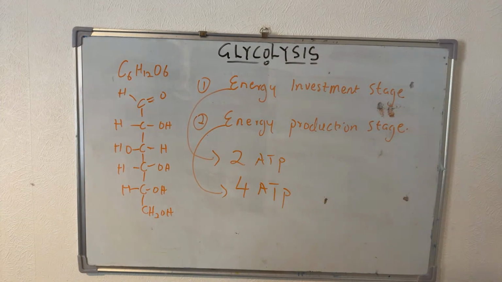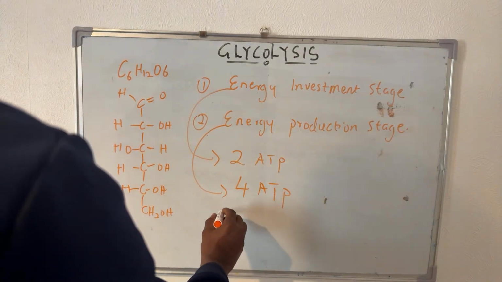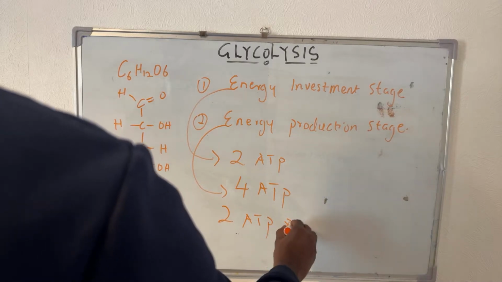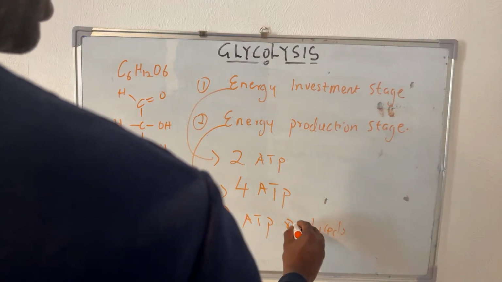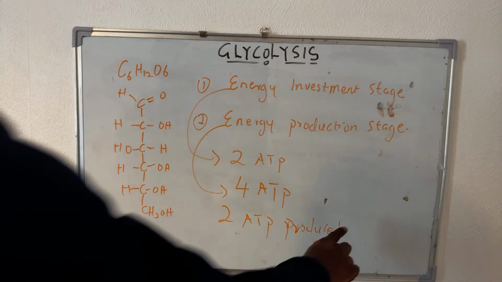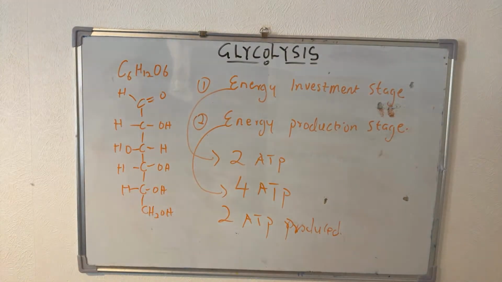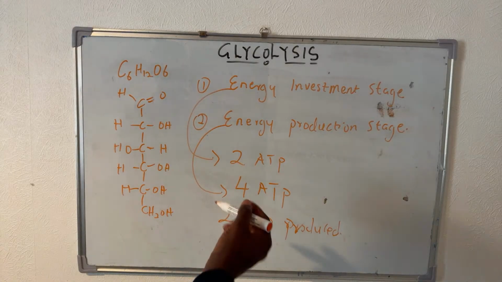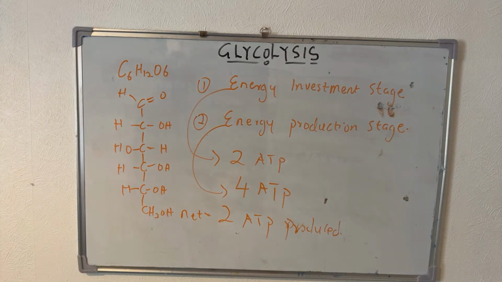So if you pay back the ATP that was invested, you have 2 ATP produced, net, per molecule of glucose.